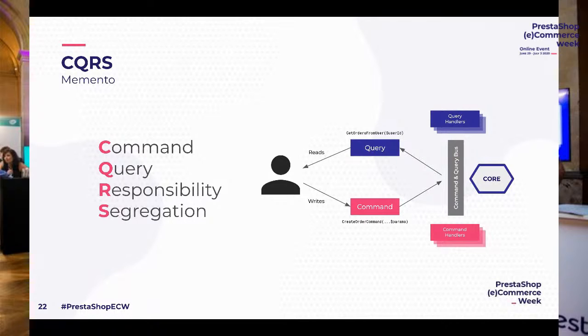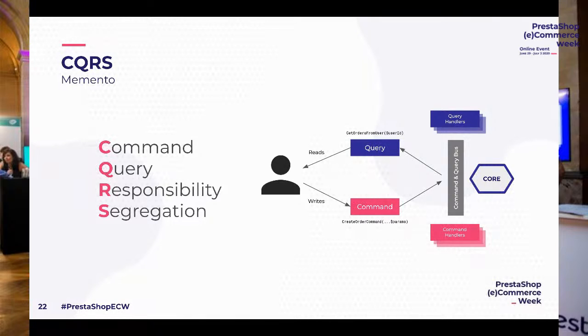So the idea is that when you are writing, if you want to perform a mutation in the state of the system, you go through a command which is basically a class, which represents an action that we want to perform. For example, if we want to create an order for placing an order to the system, we'll create an instance of a create order command. We'll pass along all the needed parameters, like, for example, which client it is, which cart we are using, and so on and so forth.